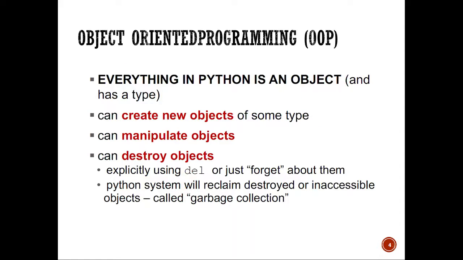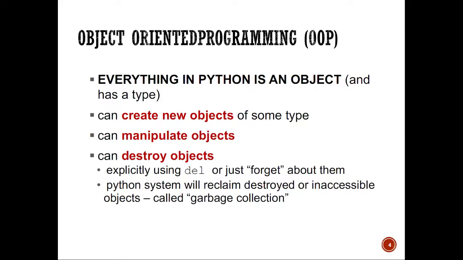In object-oriented programming, we basically consider everything as an object. So everything in Python is an object, and it has a type. We can either use predefined types, such as integers, floats, lists, and so on, or we can create new objects based on new types.